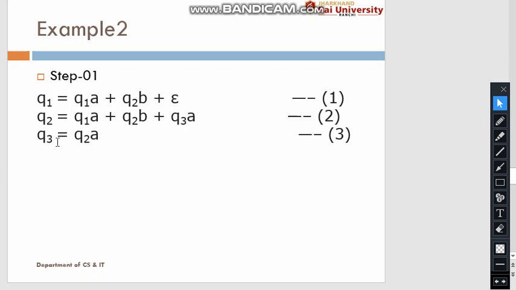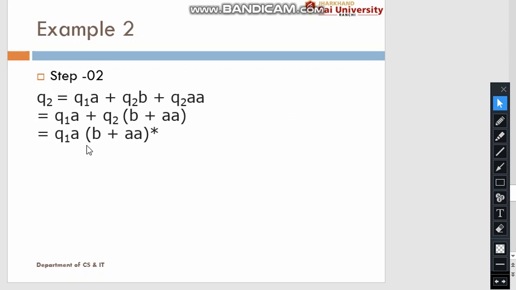Now, put the value of equation q3 into equation 2. We have to put the value of equation 3 into equation 2 and find out the common term, that is q2b and q2aa, as we have done the same thing in the previous question.